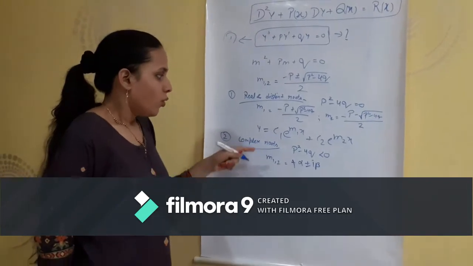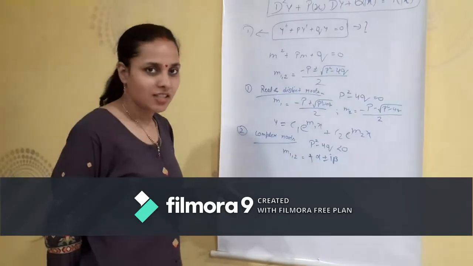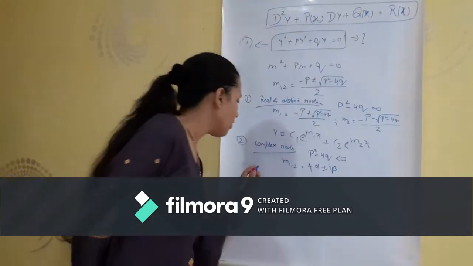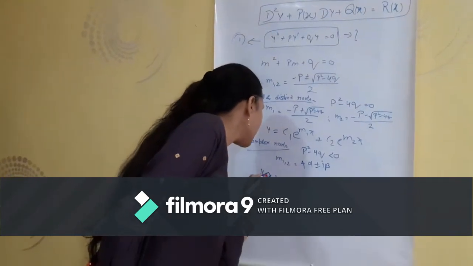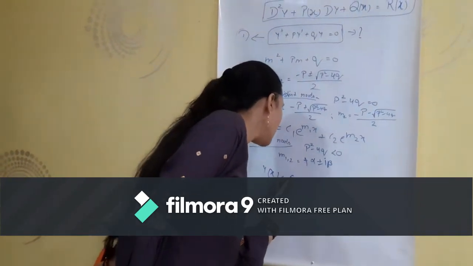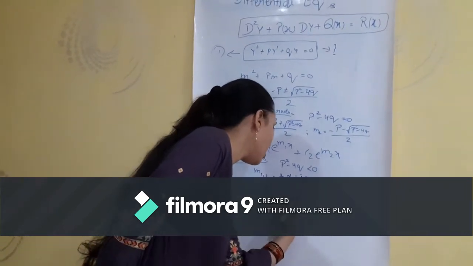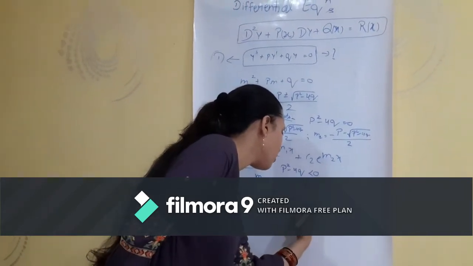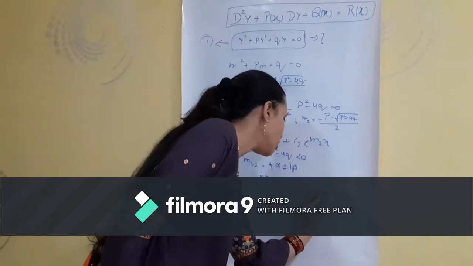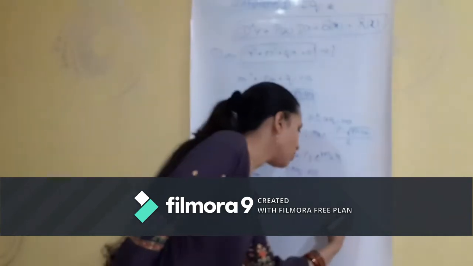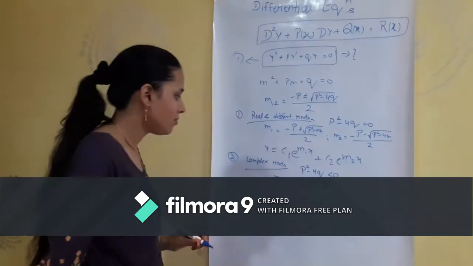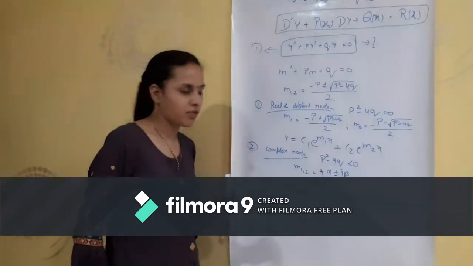Then how do we write the solution of that equation? That will be y(x) = e^(alpha x)(c1 cos(beta x) + c2 sin(beta x)). We will write the equation in this form.